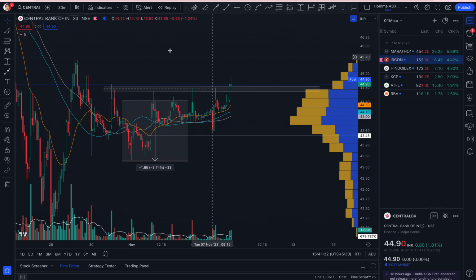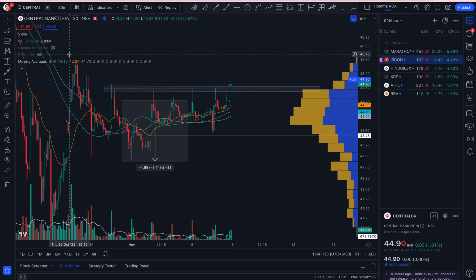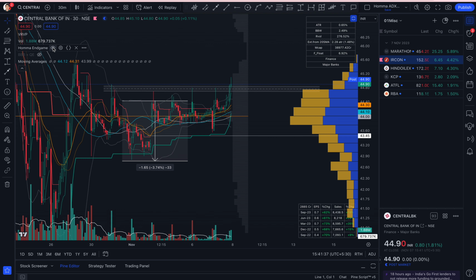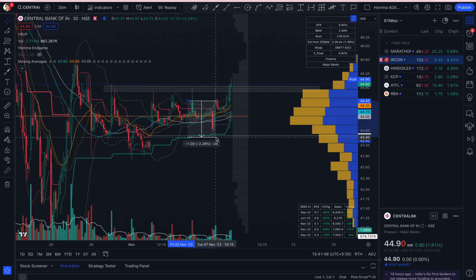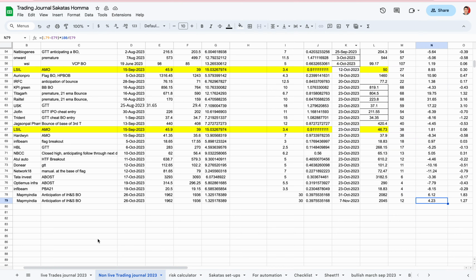Now that my position size has increased, I still want to have a similar sort of risk. So what I will do is have a stop loss slightly higher than that, around 43.4, so my stop is going to be slightly less, around 43.5.